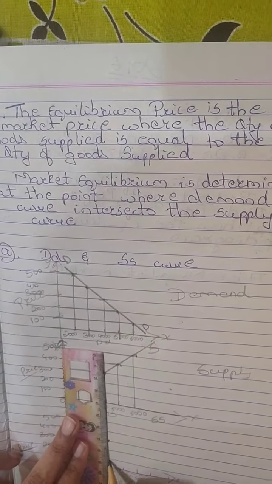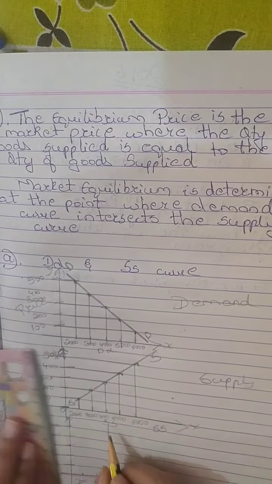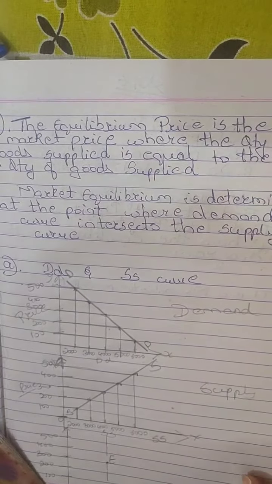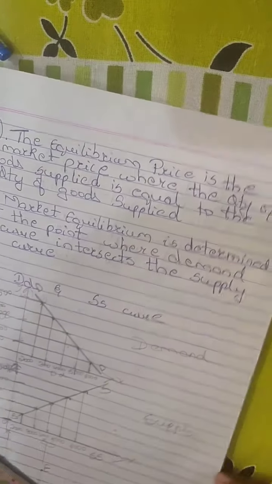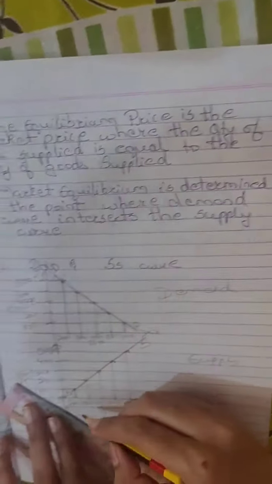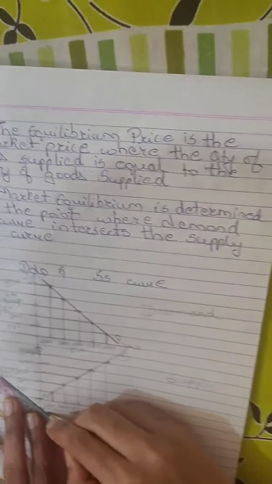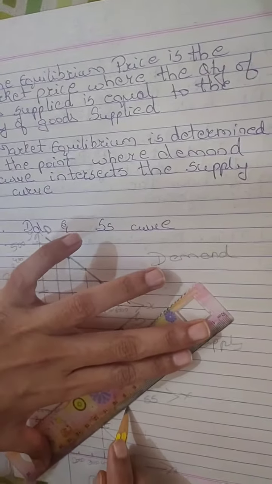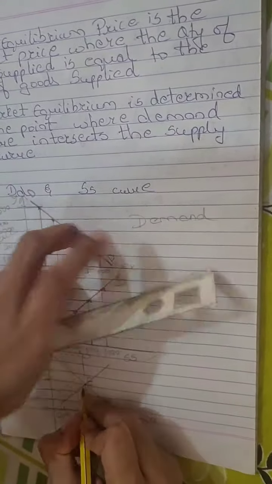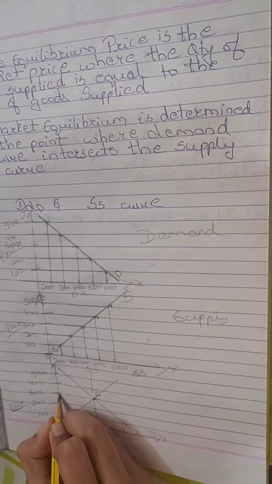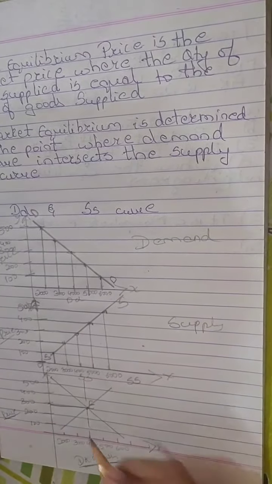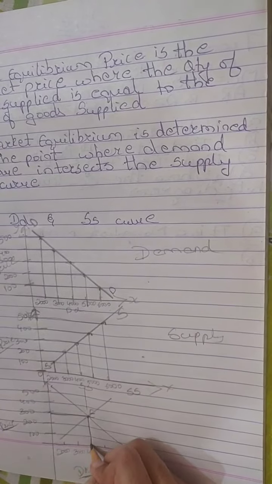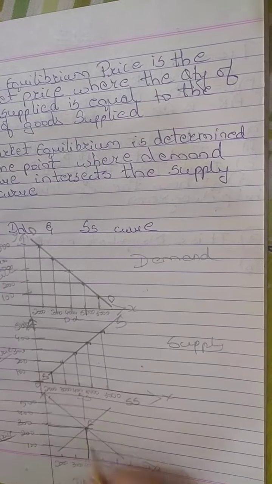Your equilibrium point will be denoted as E. The demand curve will always be downward sloping, whereas the supply curve will always be upward sloping. At point E they will intersect. So the equilibrium price is 300. The equilibrium quantity is 4000.